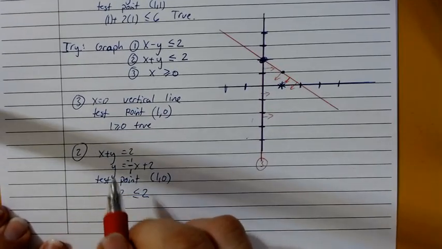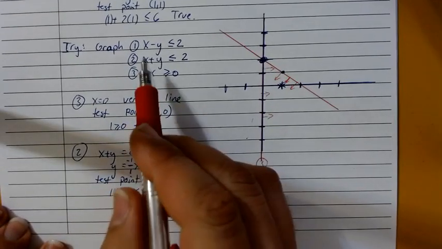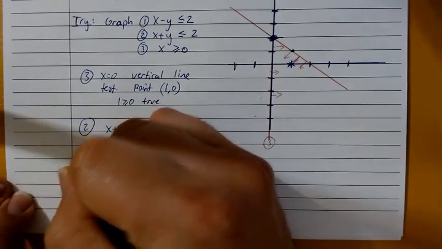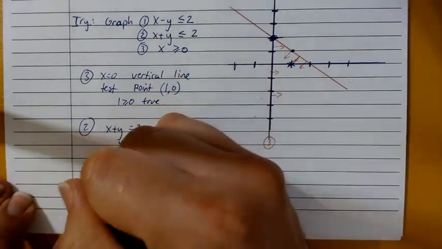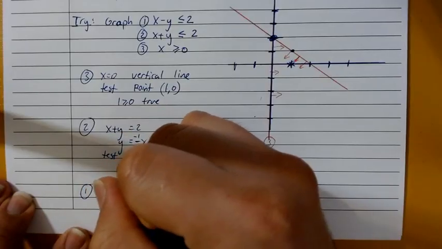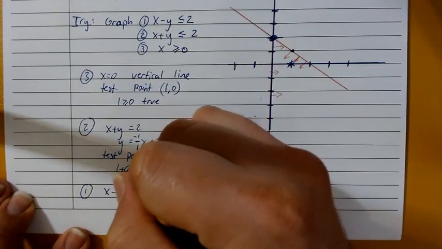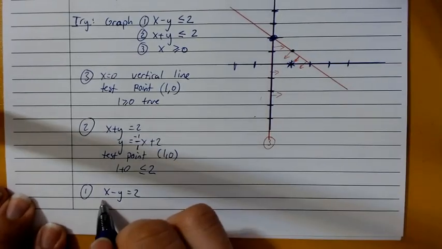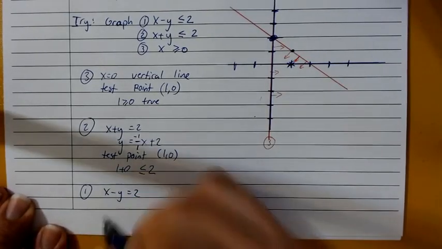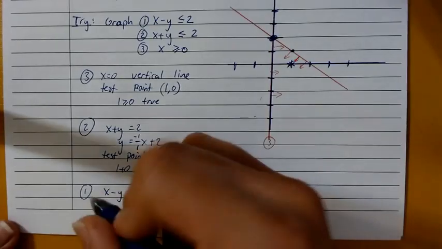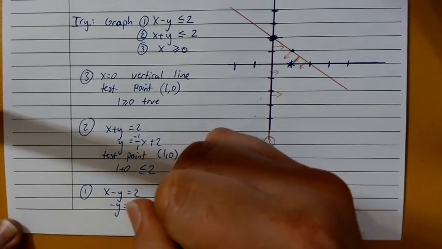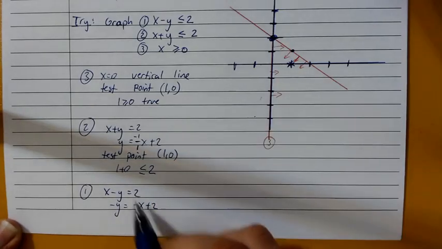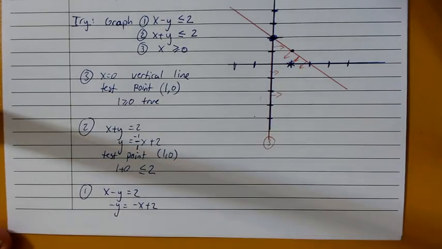We're going to do the same thing to this first inequality. We're going to start by graphing the boundary of x minus y equals 2. We can go ahead and subtract the x over this way. Keep in mind that's a positive 2, so we can write that as a plus 2 here.